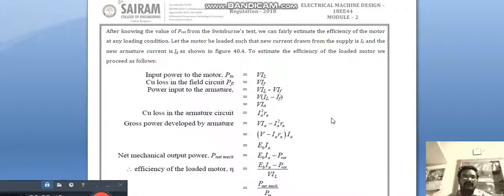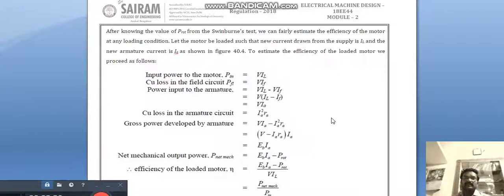After knowing the value of P rotational from the Swinburne test, we can fairly estimate the efficiency of the motor at any load condition. Let the motor be loaded such that the new current drawn from the supply is IL and the new armature current is IA, as shown in the figure.